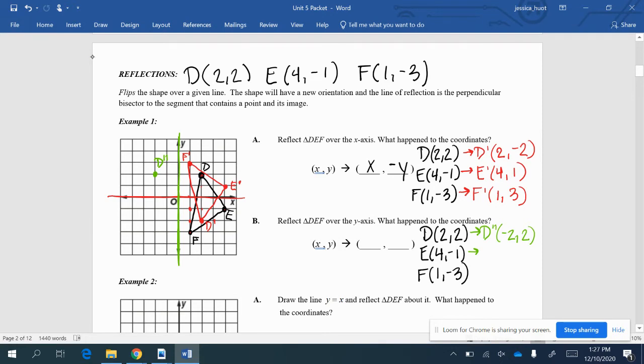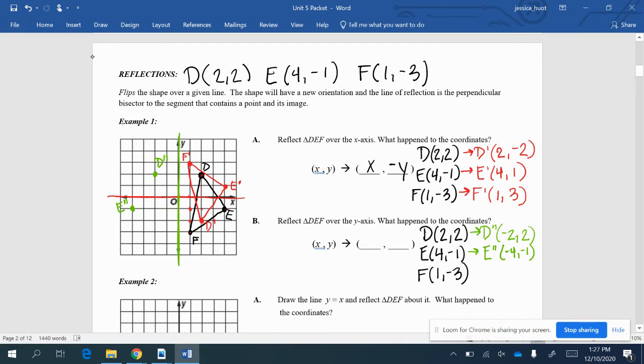E, 1, 2, 3, 4 until I hit my y-axis. So then continue to go 4. 1, 2, 3, 4. So E double prime is at negative 4, negative 1.